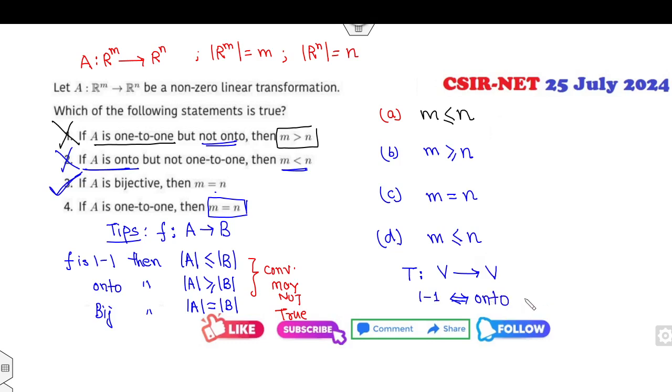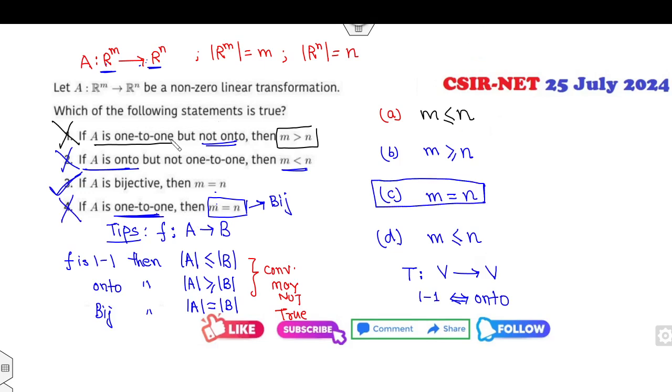That means bijective. But you can see M is equal to N only in the case of bijective. But it's 1-1. Is it onto? May or may not be, because the dimensions are not the same. So that means this is not always true. Fine. So the right option is only C, that is my correct answer.